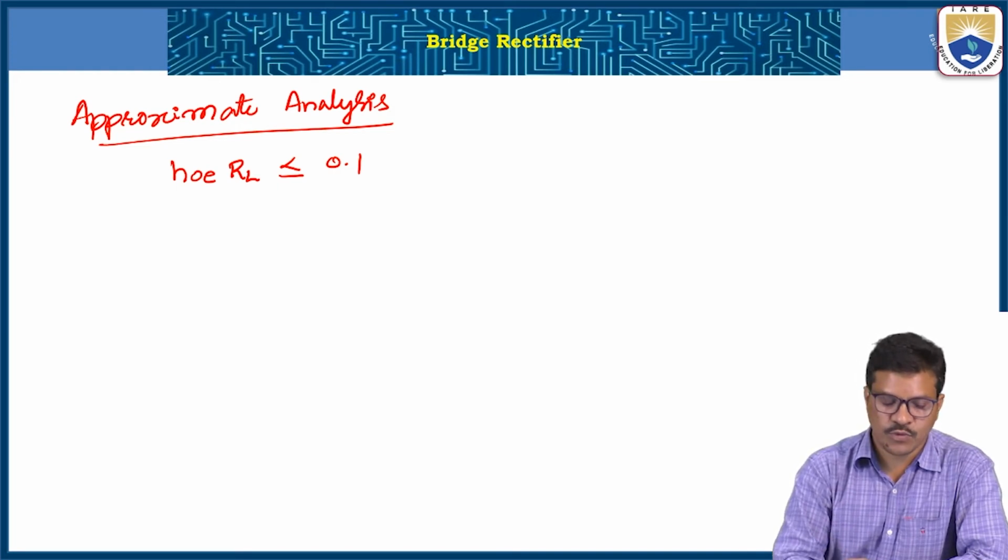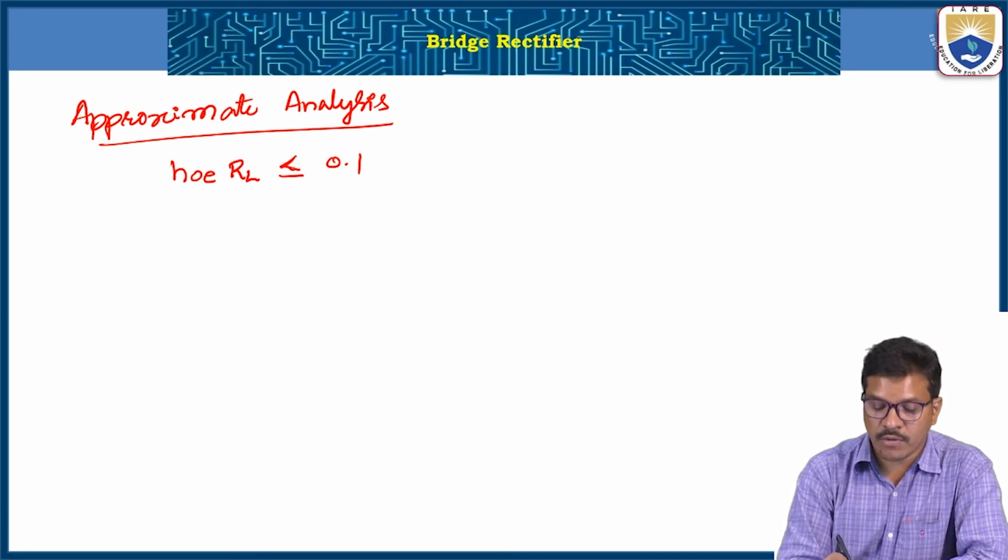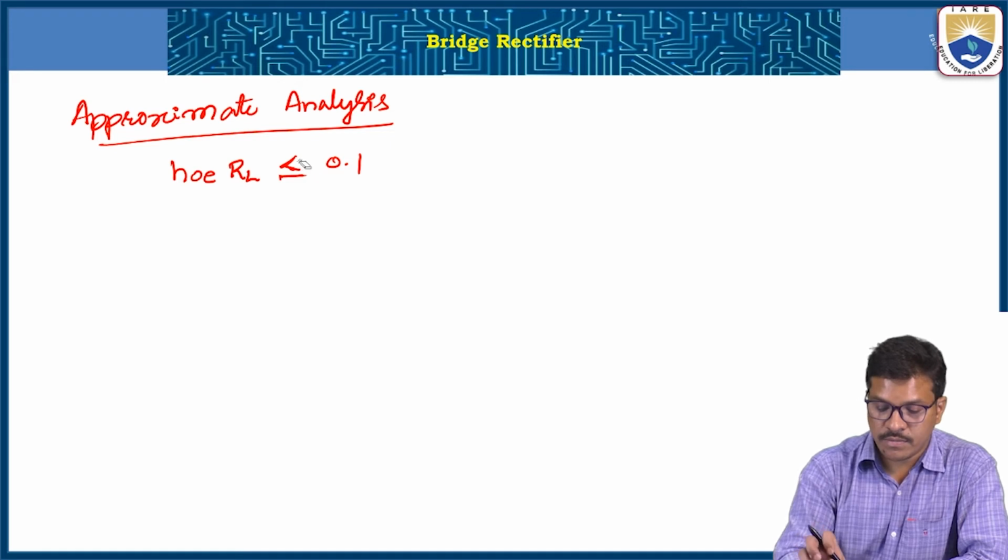This HOE is already very small, 25 into 10 to the power of minus 6 multiplied by RL, so it is also very small, always less than 0.1. So it is neglected.